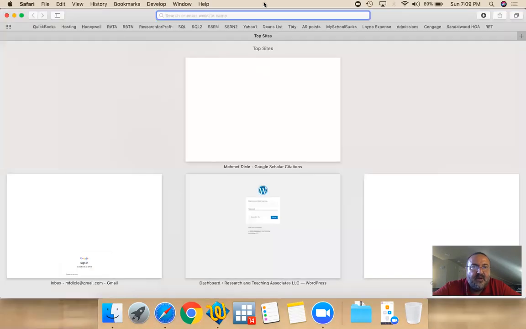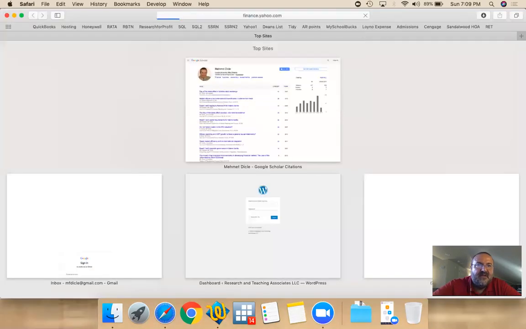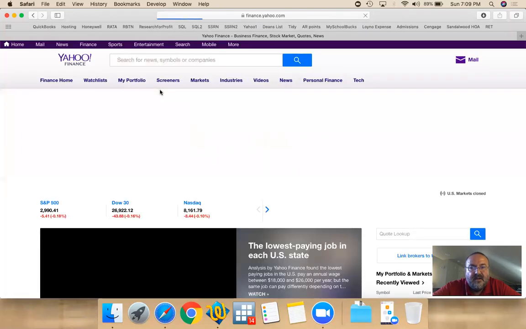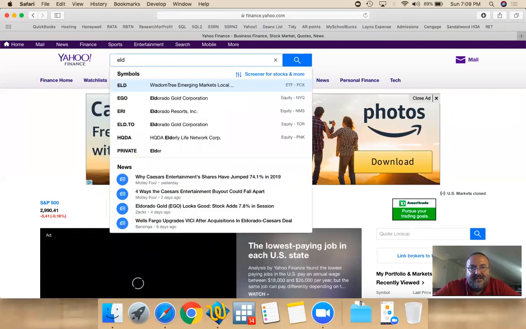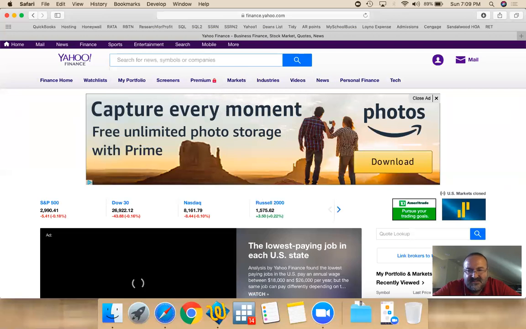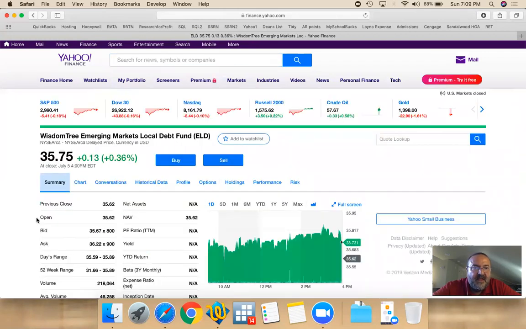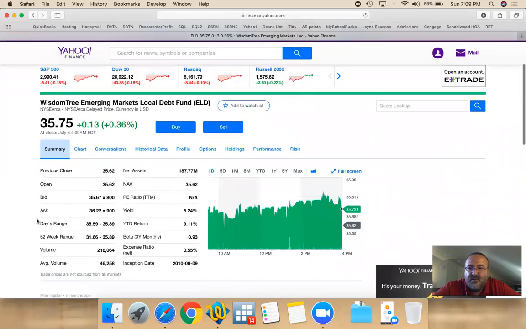So let's pull up Yahoo Finance, and I wanted to show you a very simple ETF. Again, we'll talk about what this is, but it has a ticker symbol called EMLD. Just an example. I'm not endorsing this in any way. It works like a mutual fund, as if you are participating in somebody else's portfolio.